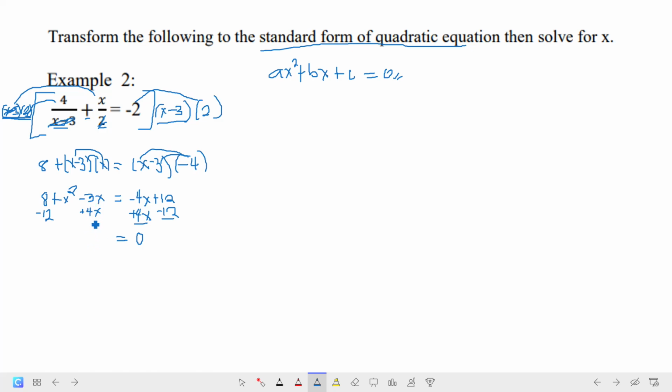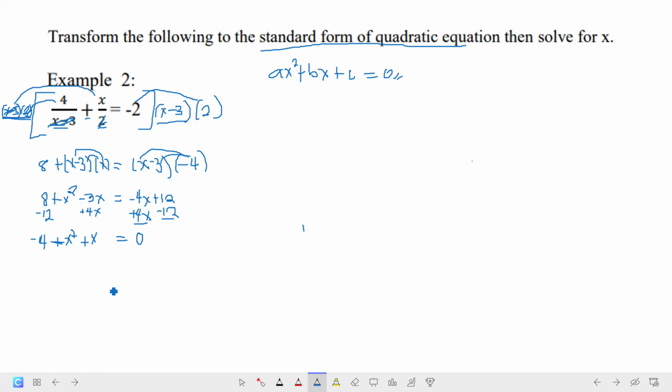If we subtract that, we will get 1x, or we will have x only, and which is greater, 4. What's the sign of 4? Positive. So we will write positive x. Just copy x squared. And the sign is positive. Here, okay, so if we subtract this, we will get 4. Okay, so which is greater?